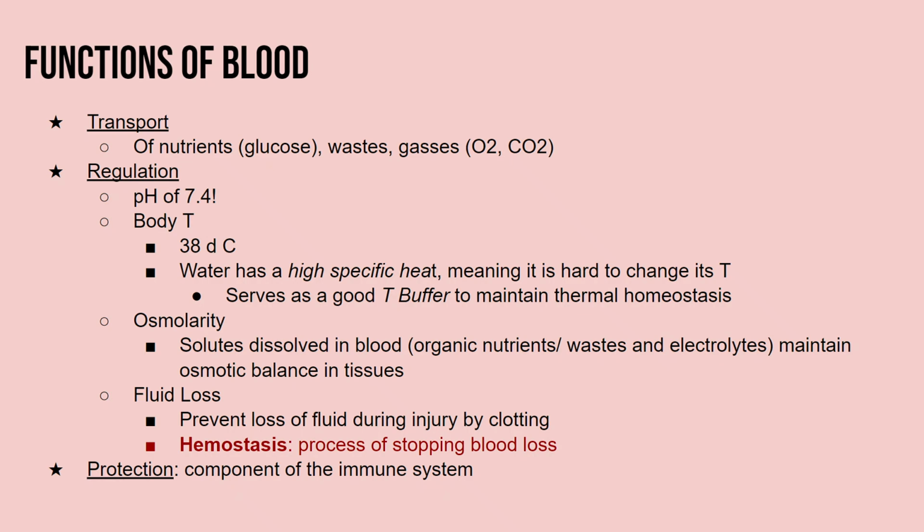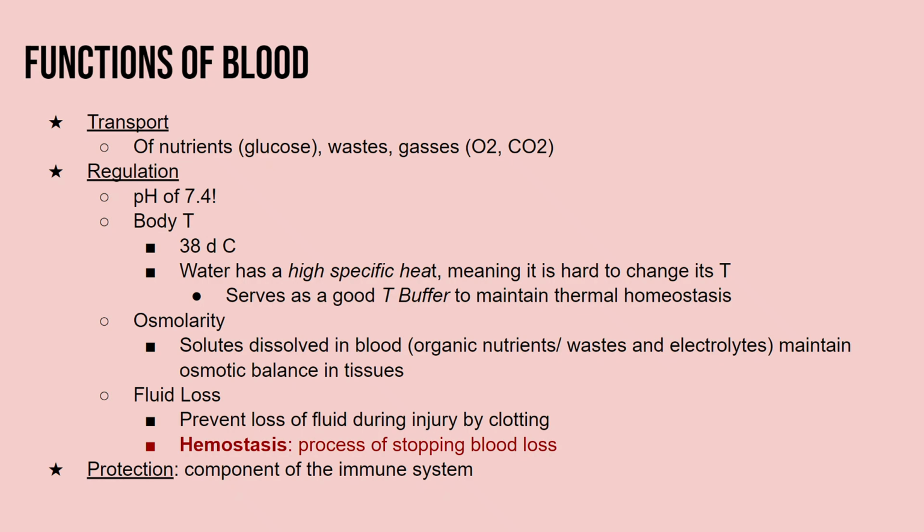It maintains a body temperature, 38 degrees Celsius. Since blood is mostly water, it kind of helps maintain the body's temperature at that value because water has a high specific heat. So that's a good temperature buffer to maintain homeostasis inside the body.